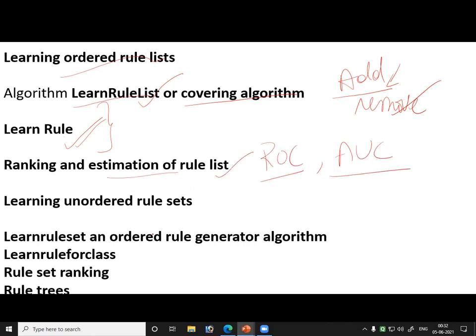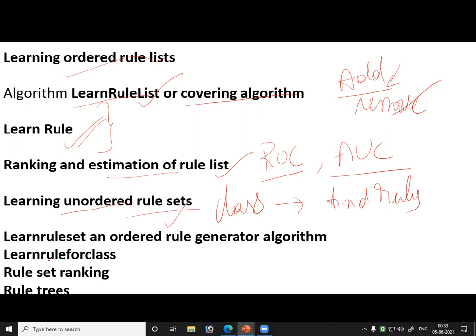What is learning unordered rule sets? Find the class first and then find the rules. That is called unordered rules.